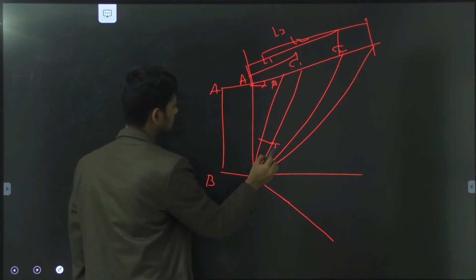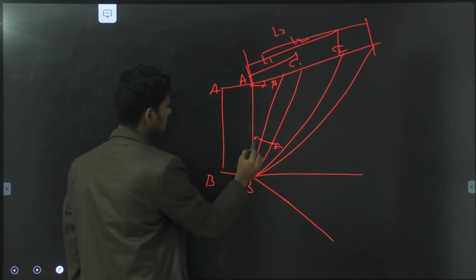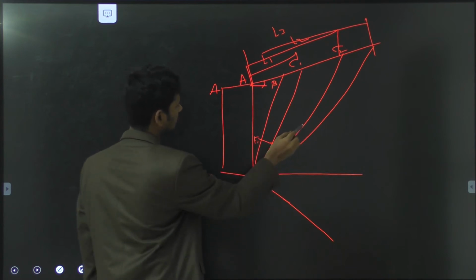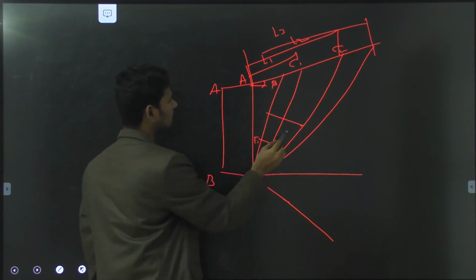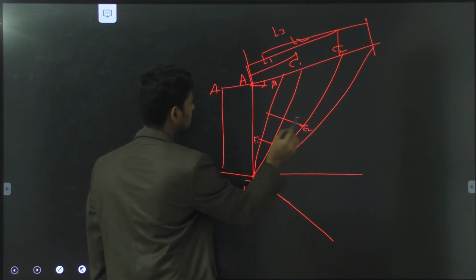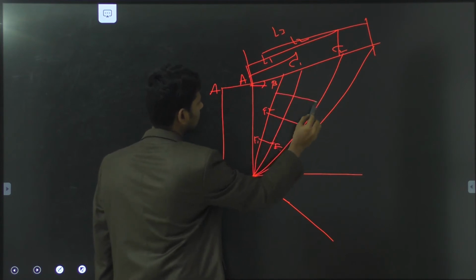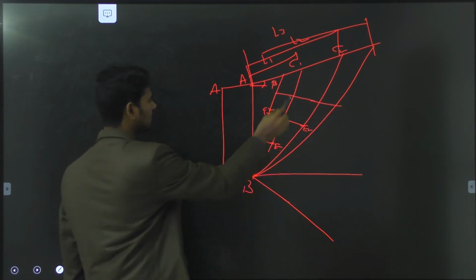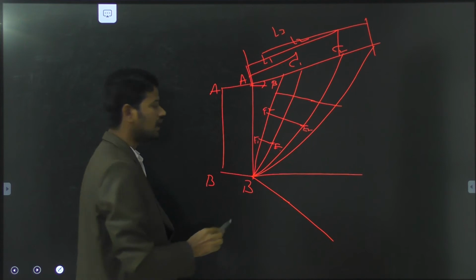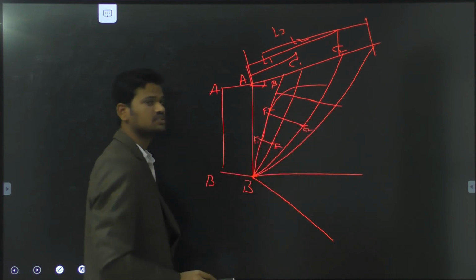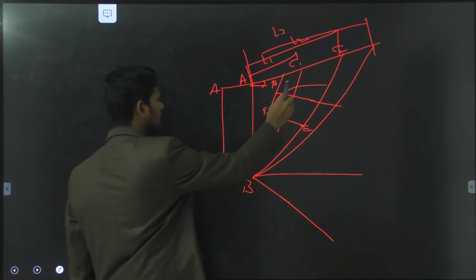Suppose this is E1 and this is F1, and again if you come to this second point, from the second point we are drawing one more point, that is E2 and F2, as well as at the third point we are taking one more point. In such a way we are drawing all the points.